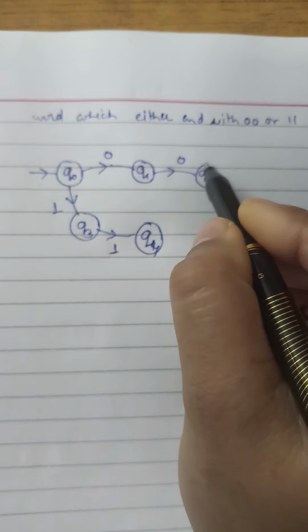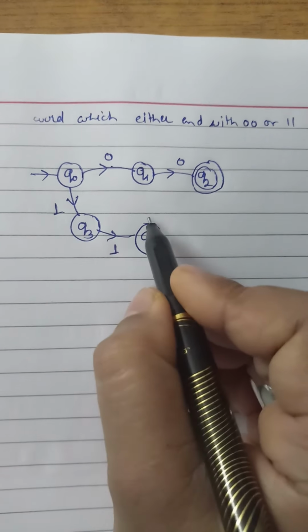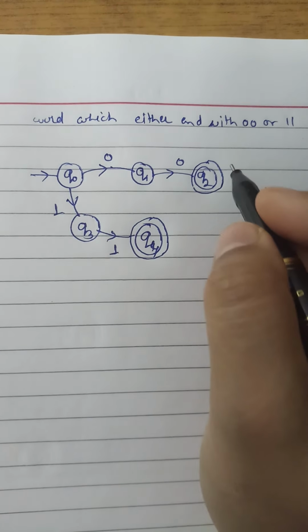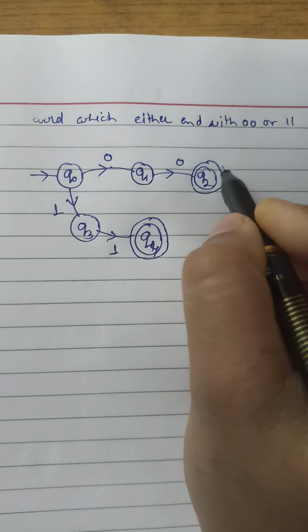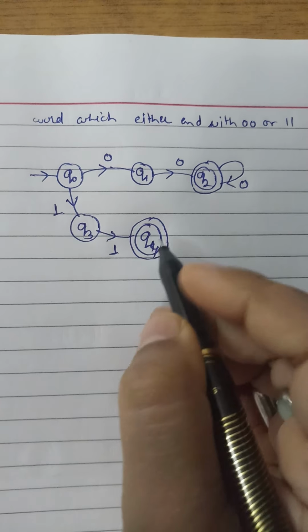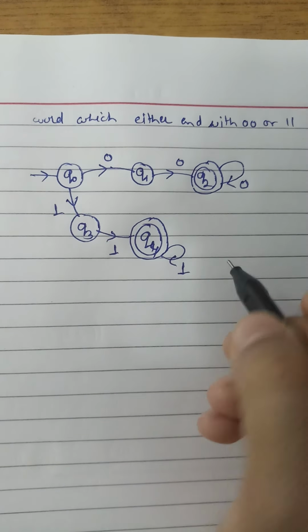So here we get 00, so we will make Q2 a final state. Here we get 11, so we will make Q4 a final state, because it should either end with 00 or 11. So here we can make a loop of 0, and here we can make a loop of 1.